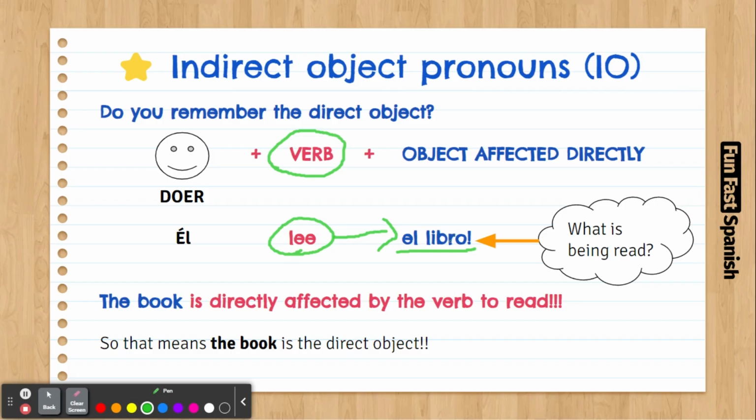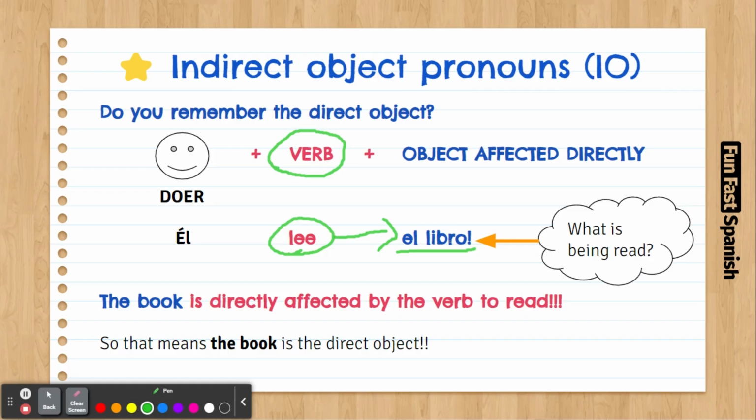Just to remember that, I love her. What is loved? The woman, she's loved. She is affected by the verb to love directly because she's the one that's loved. There were more examples, like I bought it. What was bought? The thing, the TV.